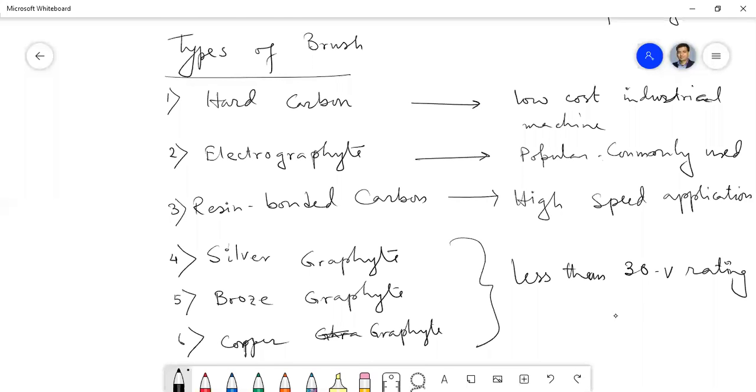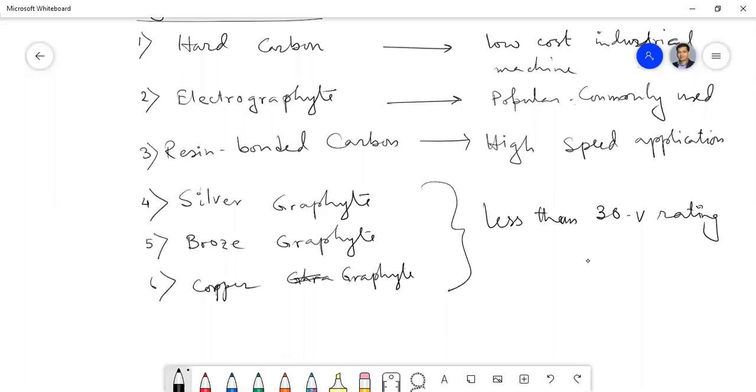So these are the different types of brush which are used for different applications, different voltages, and different speeds.